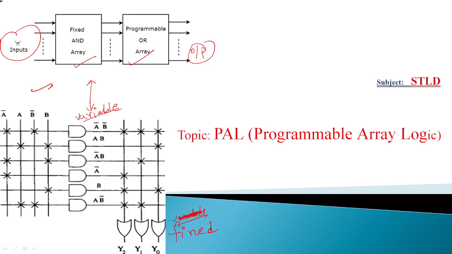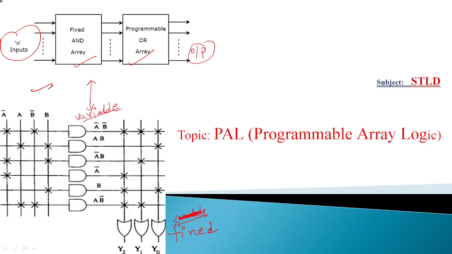In PAL, Programmable Array Logic, only the AND array output can change. Even after designing, the AND array is programmable, but the OR array is fixed. That is the Programmable Array Logic.